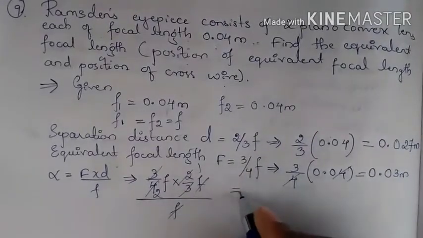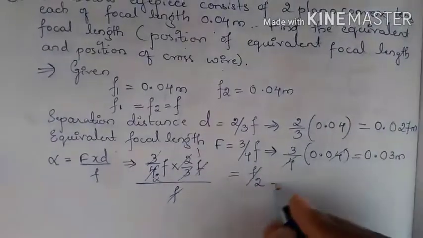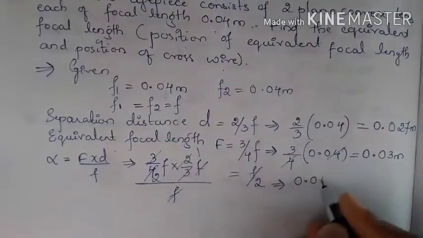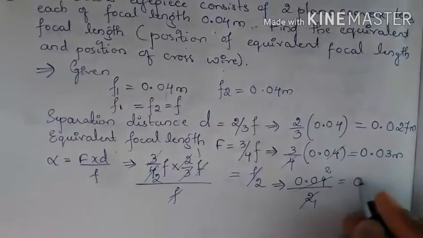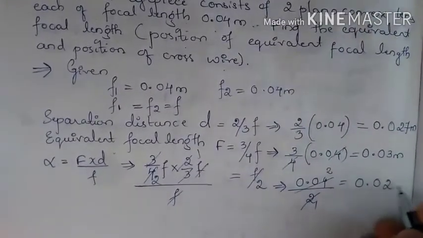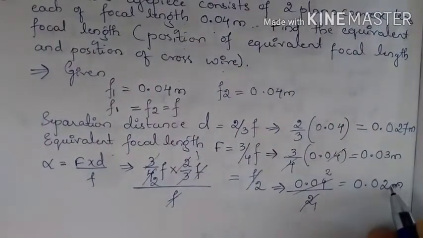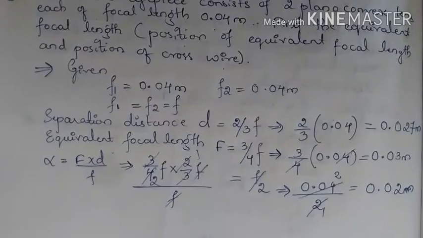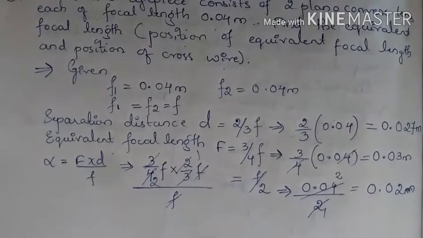What remains is f by 2. So f we know is 0.04 divided by 2. The answer is 0.02 meters. This is the position of the first principal point.